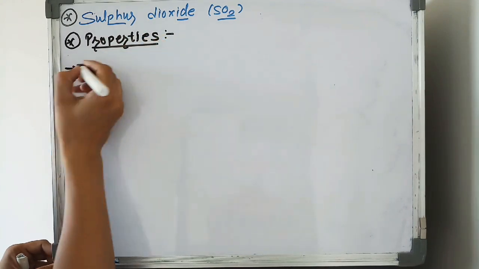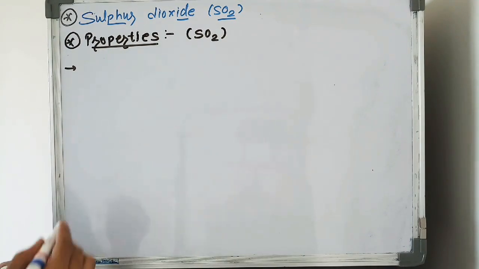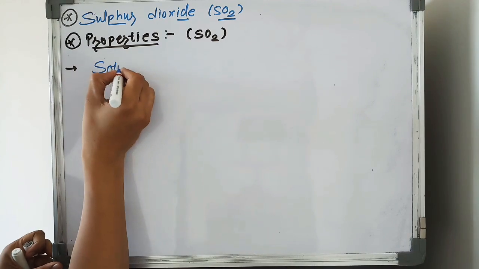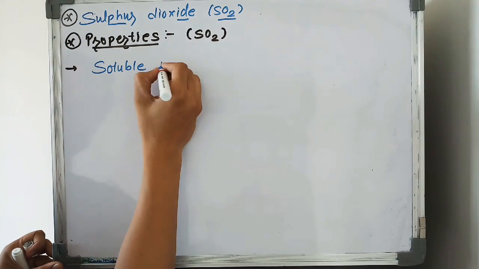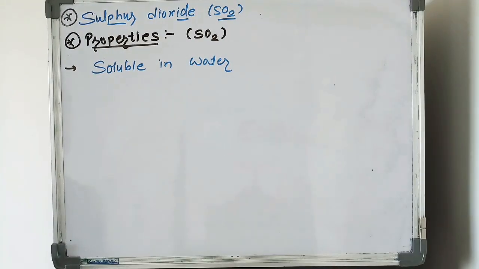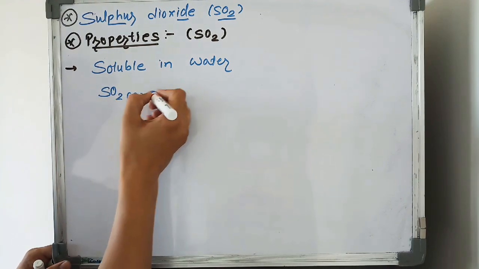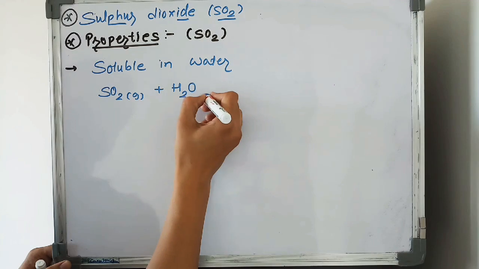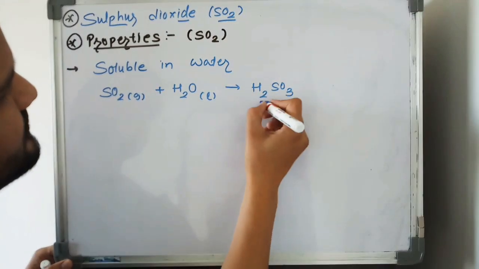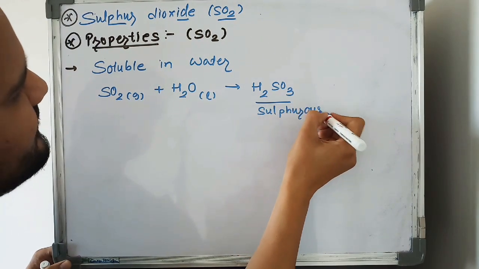First of all, sulfur dioxide is soluble in water, and on its reaction with water gives H2SO3, which is called sulfurous acid.